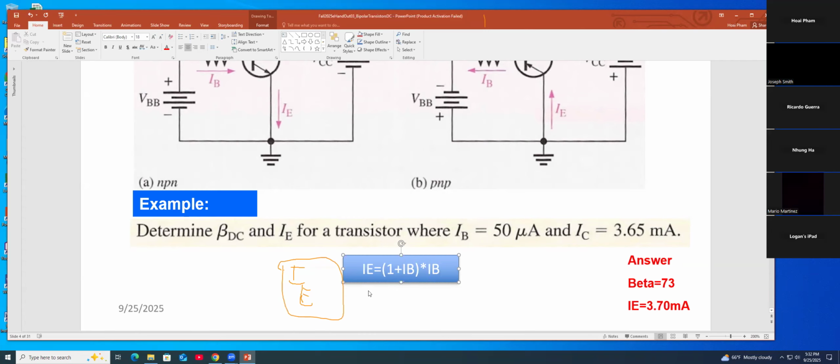So that is the formula to calculate IE: 1 plus beta times IB.